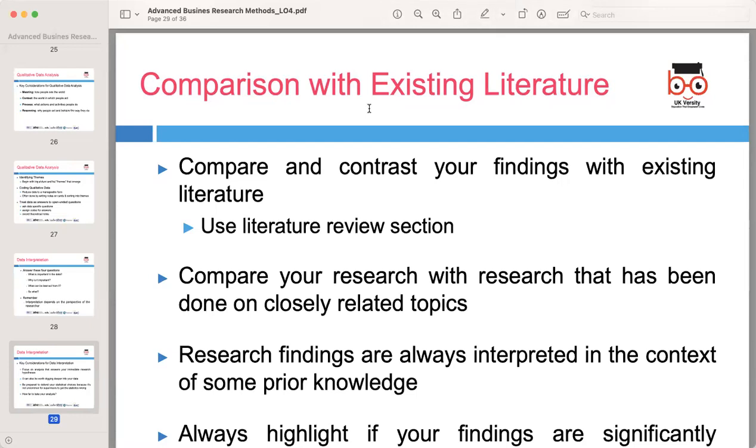In our literature review section, we explored various studies and articles that have been conducted on closely related topics. This allowed us to understand the current state of knowledge and identify any gaps or areas that required further investigation. By doing so, we ensured that our research was grounded in prior knowledge and contributed to the existing understanding of the subject.